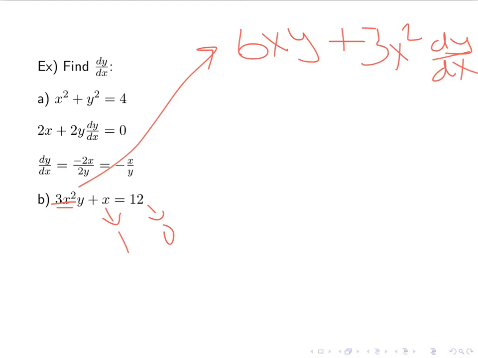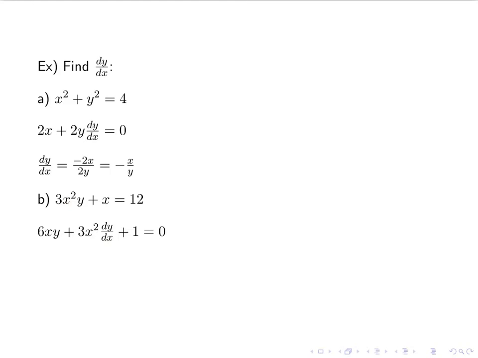So when I put it all together, I have 6xy plus 3x squared dy dx plus 1 equals 0. Again, I want to solve for dy dx. So I'm going to bring the 1 over, bring the 6xy over, and then divide by my coefficient, which is 3x squared. So negative 1 minus 6xy over 3x squared.